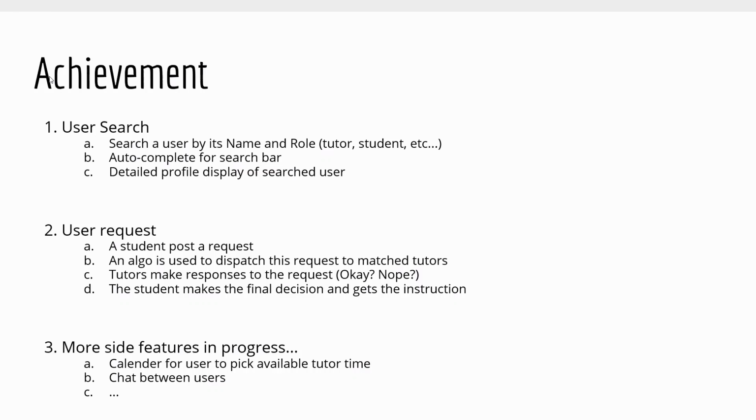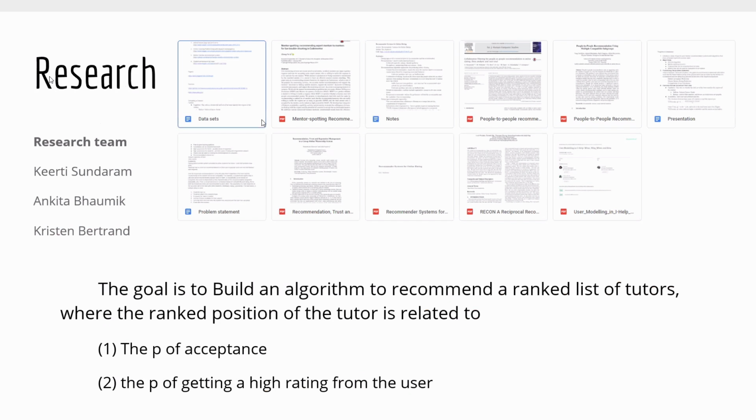Next is the research team. There are 3 team members inside this team: Curdy, Ankita, and Kristen. As I said before, we need a ranked list for students to choose from when they post a new request. This is the main goal for the research team.